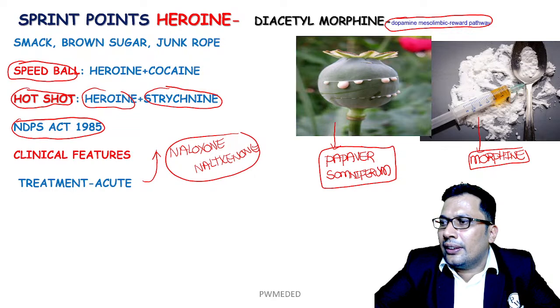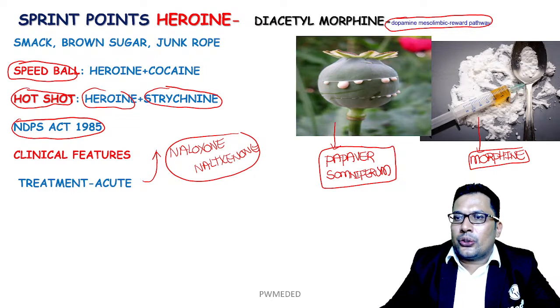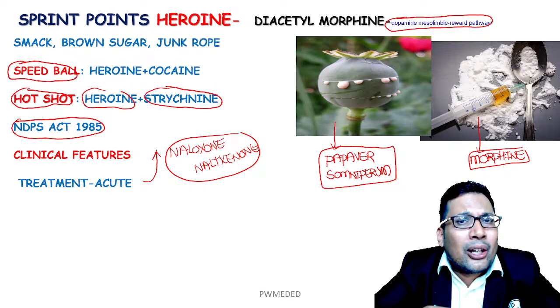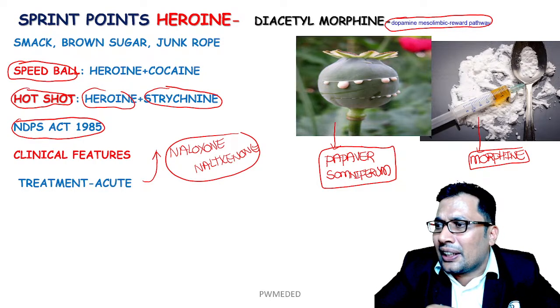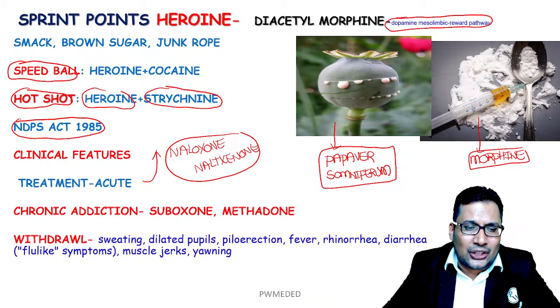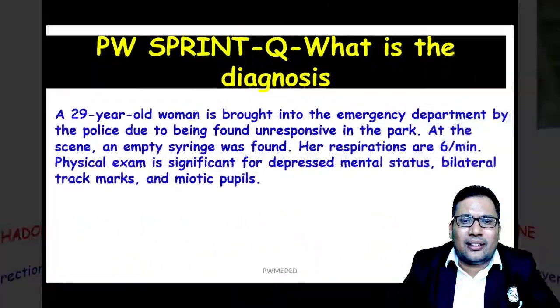Guess. Yes. So for chronic addiction, we use methadone or suboxone. So methadone is the correct answer. Methadone or suboxone is what is actually used. So that's about heroin.